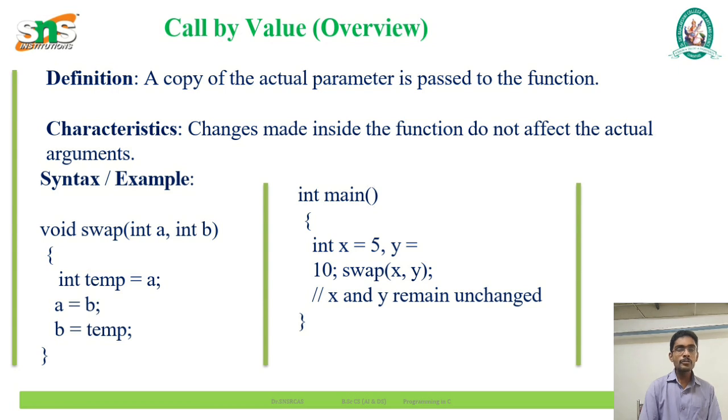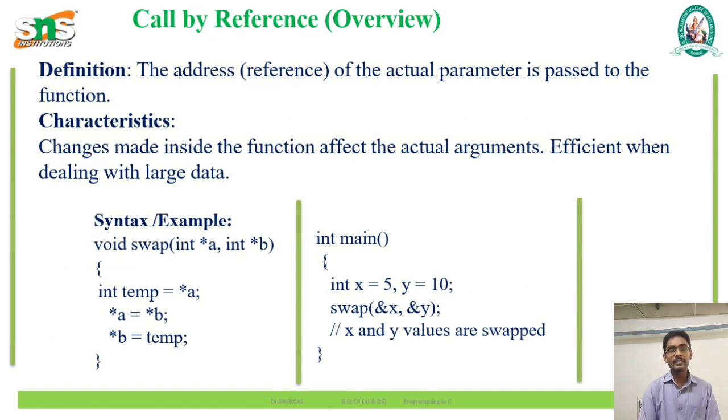The value of a is assigned to temp, b is assigned to a, and again temp is assigned to b, which means the a value is exchanged to b and the b value is exchanged to a, but the x and y values are not exchanged. You are supposed to understand this. The exchange happens only between the variables a and b. The scope of these variables is only inside the swap function and not inside the main function. The scope of variables x and y ends inside the main function itself.